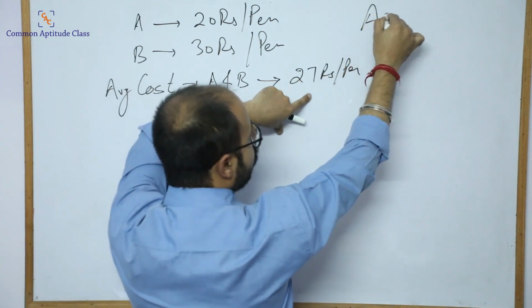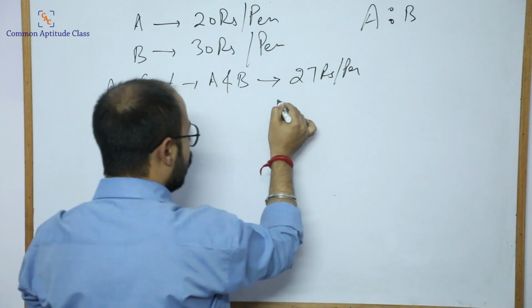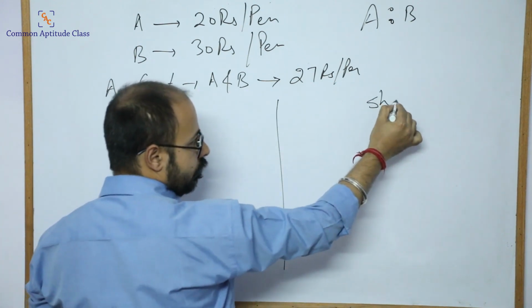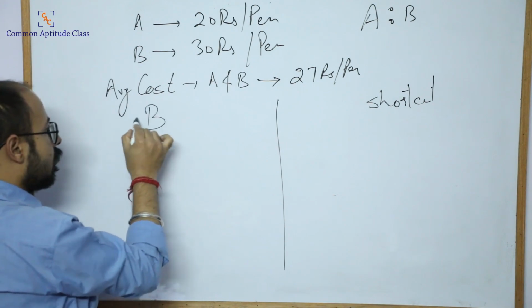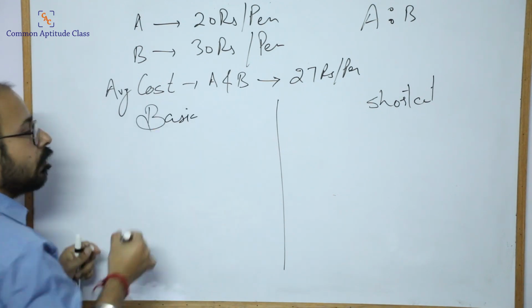Find the ratio in which A and B were bought. Shortcut and basic, these are the two things which we follow.